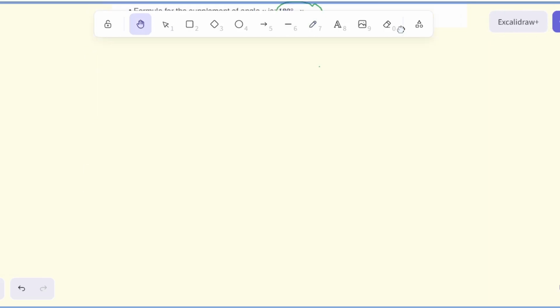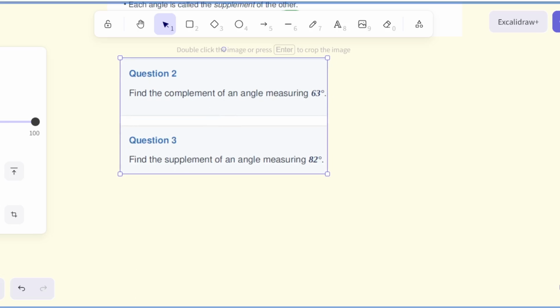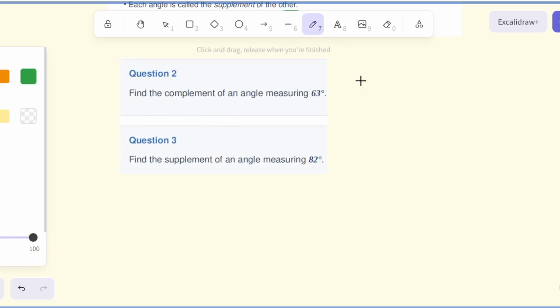So if we have to find the complement of 63, as we just discussed, we have to do 90 minus that angle, which is 27. And if we have to find a supplement of any angle, we have to do 180 minus that angle. Whatever the answer comes, that will be the supplement and the complement of those angles.